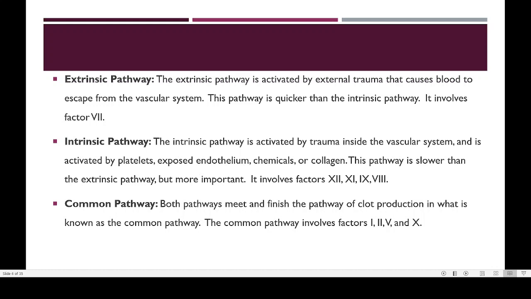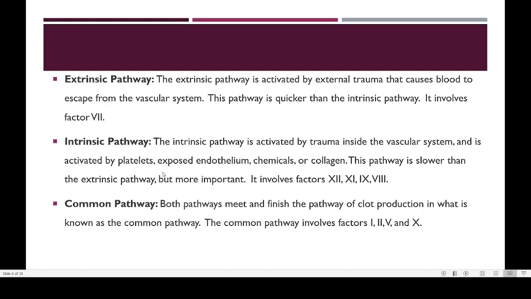Now we will see what the intrinsic pathway is. Normally this intrinsic pathway is activated or stimulated by trauma. Trauma means injury inside your vascular system, within your blood vessel. If some kind of internal injury takes place, that will trigger this pathway, known as the intrinsic pathway.